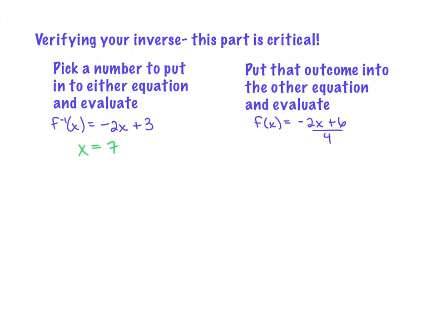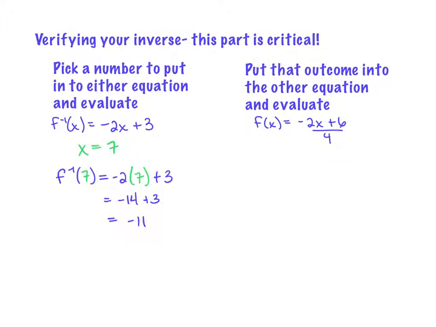So what I'm going to do now is take 7 and plug it into my inverse equation. And then I'm just going to evaluate. So, negative 2 times 7 is negative 14, plus 3. Negative 14 plus 3 is negative 11.